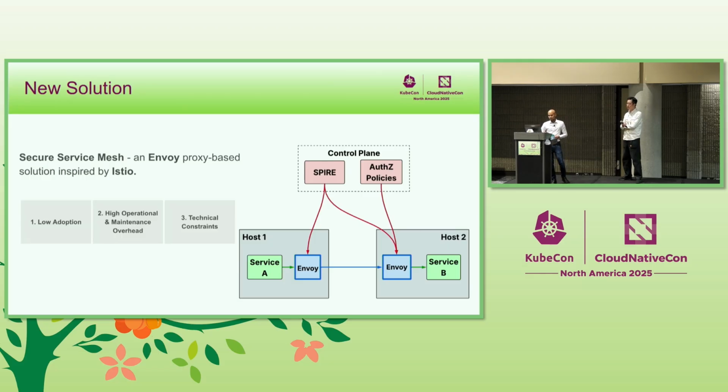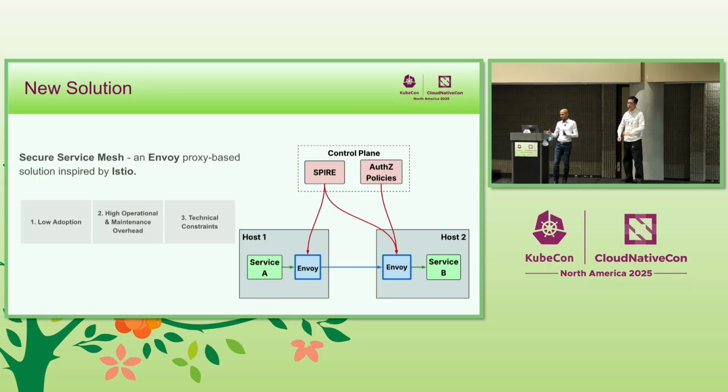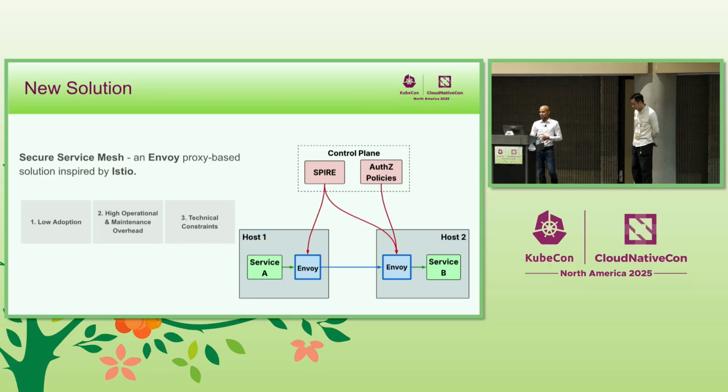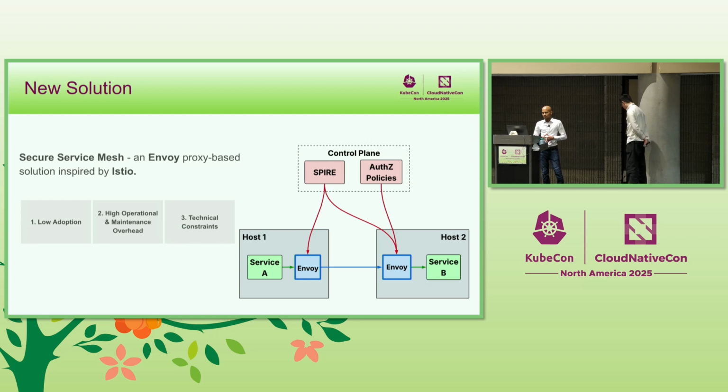Let's revisit the problems again. Low adoption, operational burden, and the technical constraints. Since this is an on-host proxy, there's no burden on the service owners to go ahead and adopt libraries. So the low adoption problem got solved over there because we don't ask engineers to adopt libraries anymore. The second part, on the operational burden: Envoy is managed and maintained by one team.